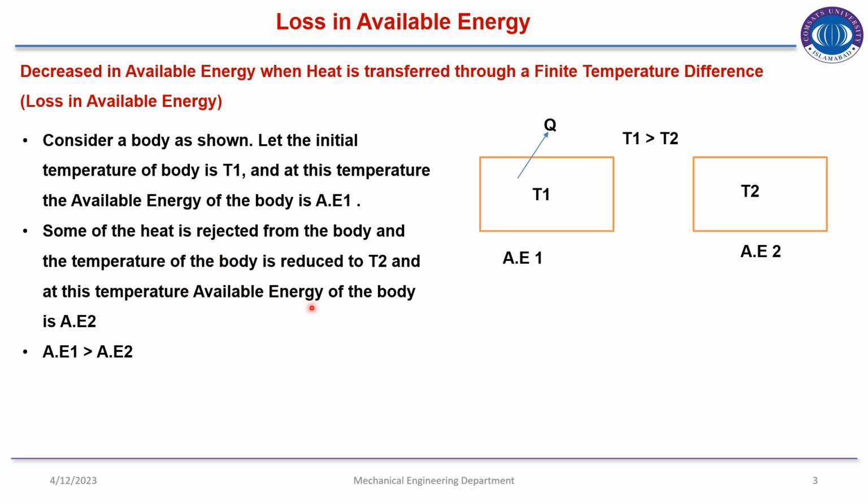At 80 degrees centigrade, the available energy of the body is AE2. So AE1 is greater than AE2 because T1 is greater than T2.